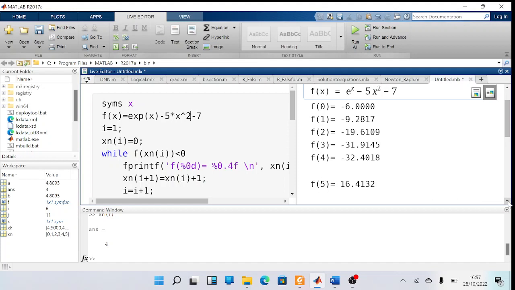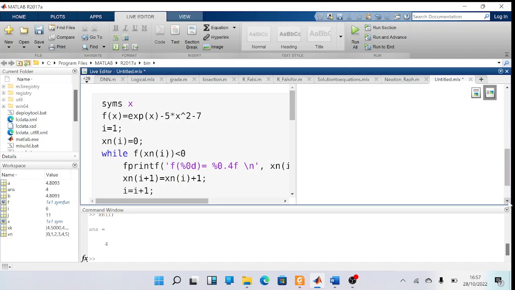Then the iterations are carried out, and we can see the final value. The root is given by 4.80930, and this is obtained after 10 iterations.